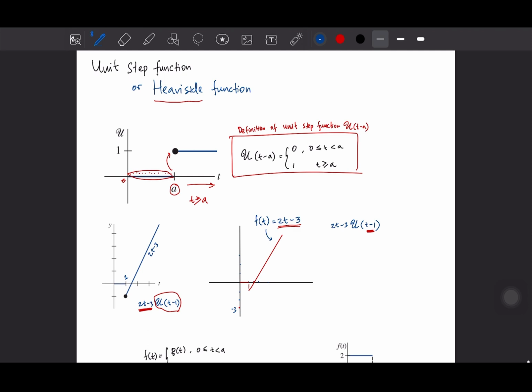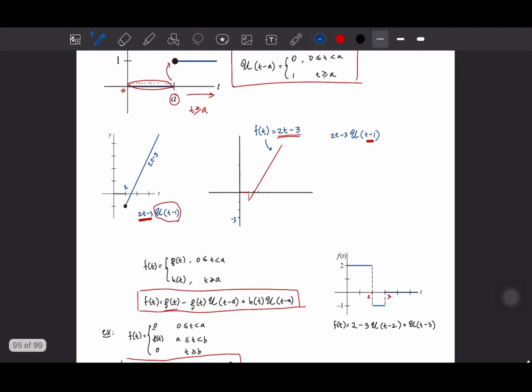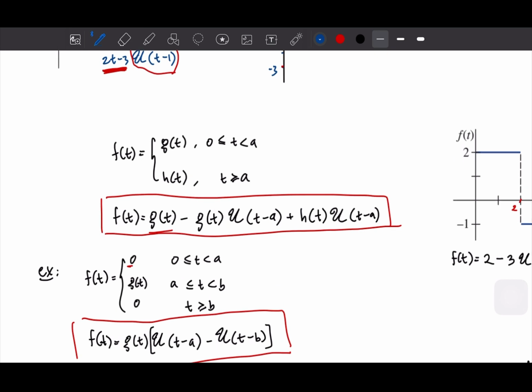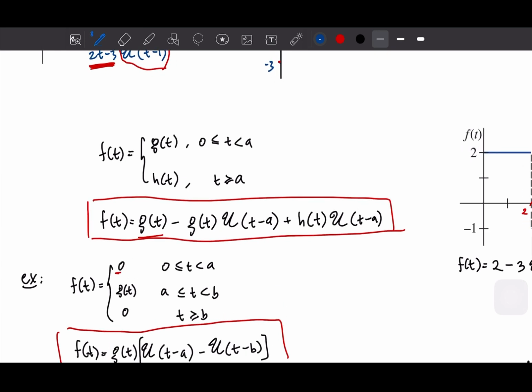And then we could tweak this formulation to be more complex, and we could write down these two functions g and h, which we have now.